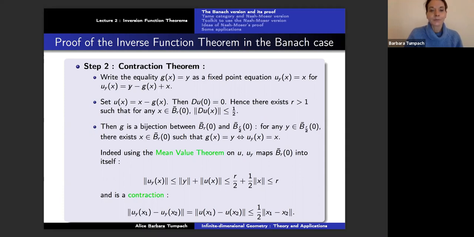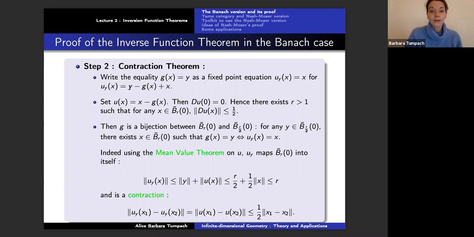So y is a fixed element for which we are looking for its preimage. And so u_y applied to x is equal to y minus g(x) plus x.